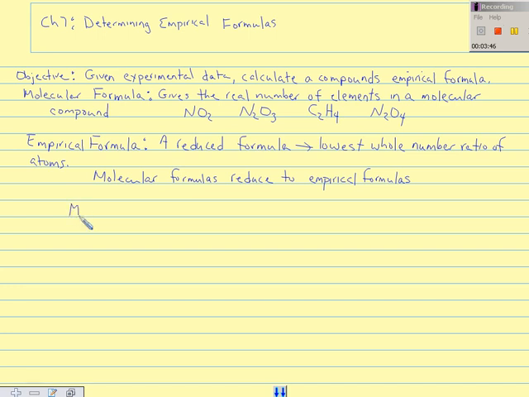We're going to have one column that labels molecular formulas, and then we're going to convert them to the empirical formulas.